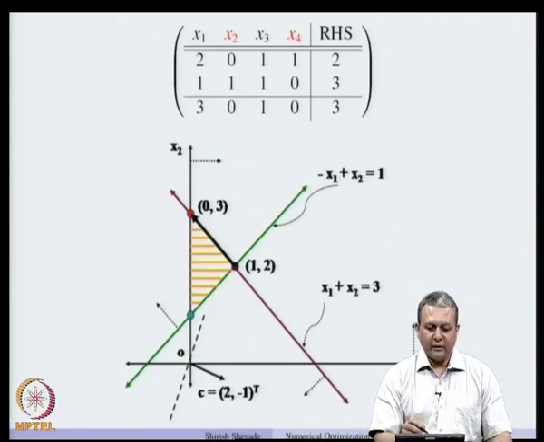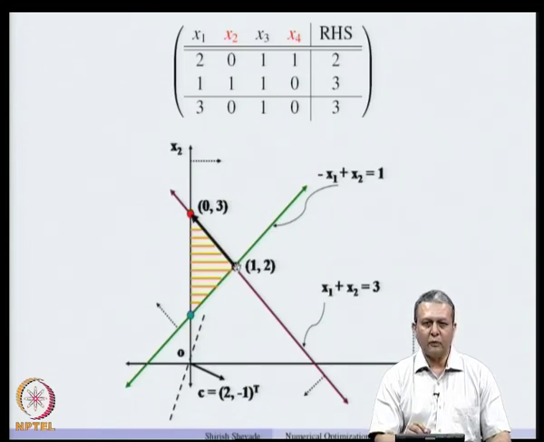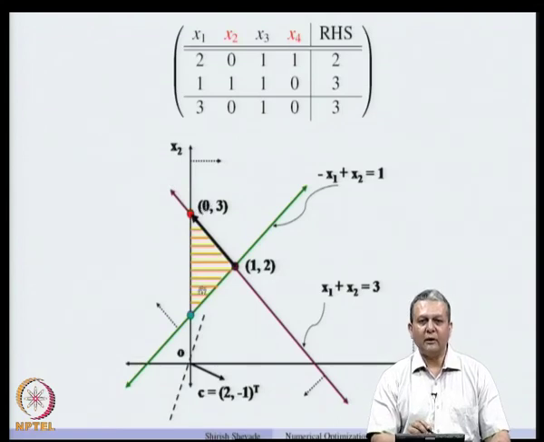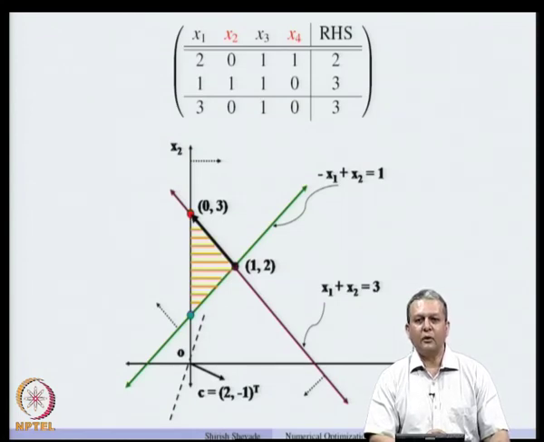And this is shown in this figure, where we started from 1, 2 in phase 2 of the simplex method, and then we took a step to the neighboring vertex 0, 3, and at this point the objective function, which is 2x1 minus x2, its value is -3, and that is the least among all the 3 vertices.